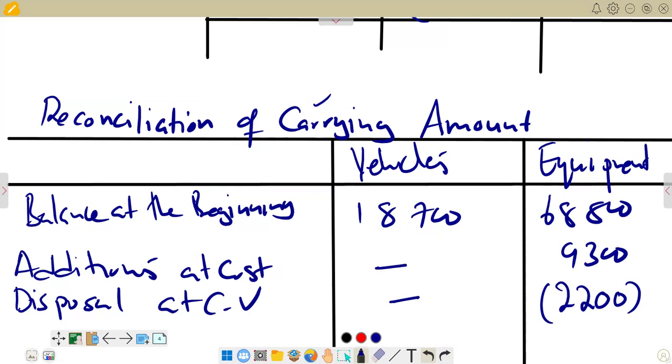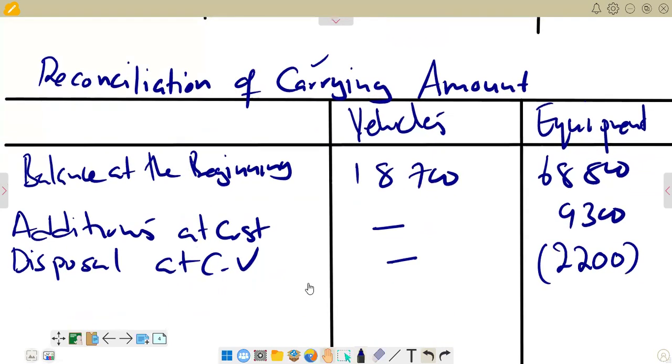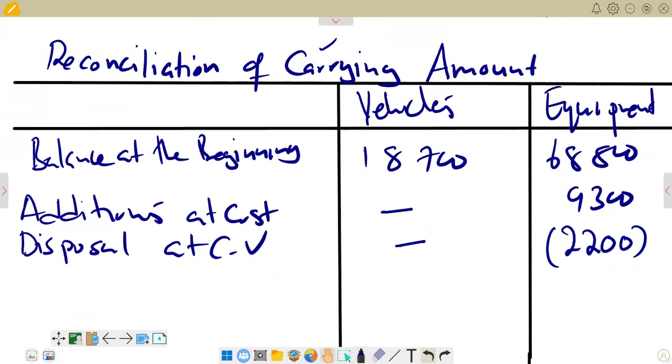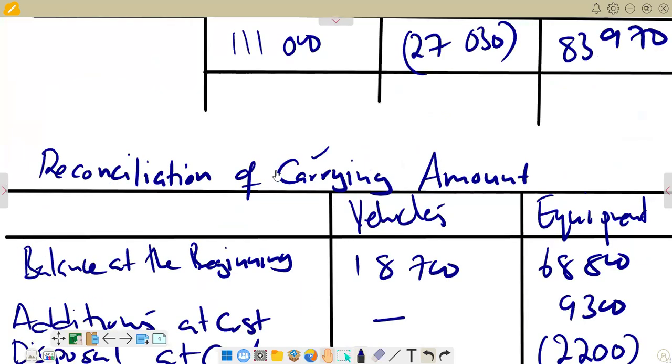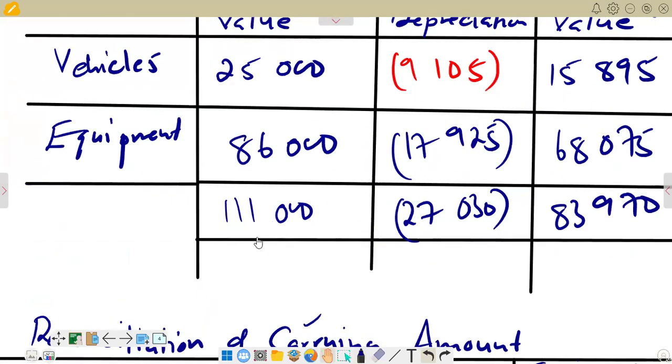After that, we are supposed to adjust for depreciation for the year. Remember, we calculated depreciation. So here now we have depreciation for the year. Let's see where we calculated that.